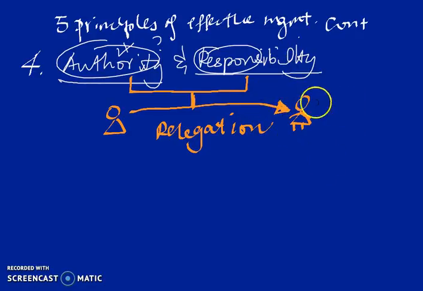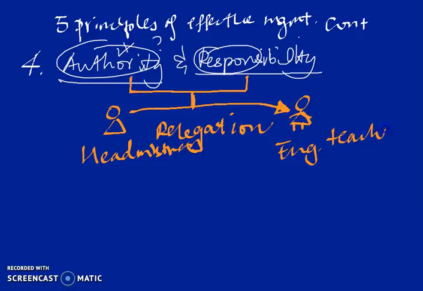For example, if your headmistress hires a new English teacher, and this teacher is a bad teacher, so you learn nothing in his class, then in this case, who will be held responsible?